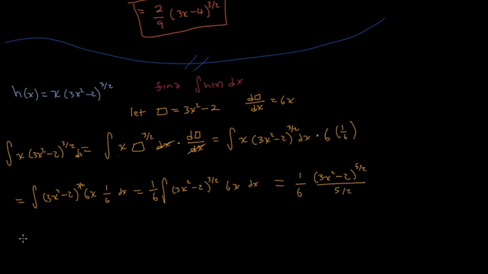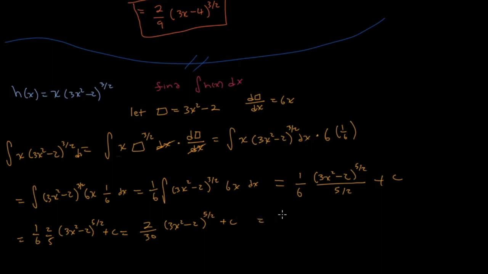And then when we simplify that, that gives us 1 over 6 times 2 over 5 times 3x squared minus 2 to the power of 5 over 2, which will give us 2 over 30 times 3x squared minus 2 to the power of 5 over 2, and there should be a plus c here too, and the 2 over 30 can simplify to 1 over 15.